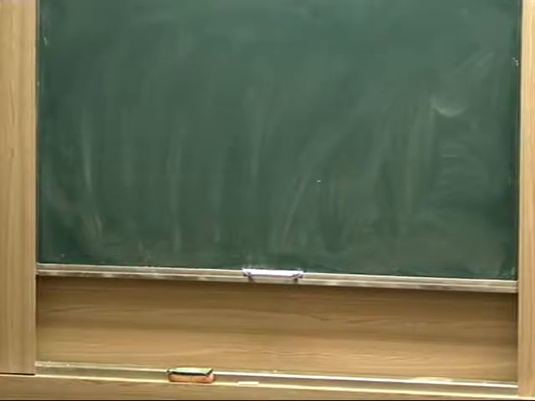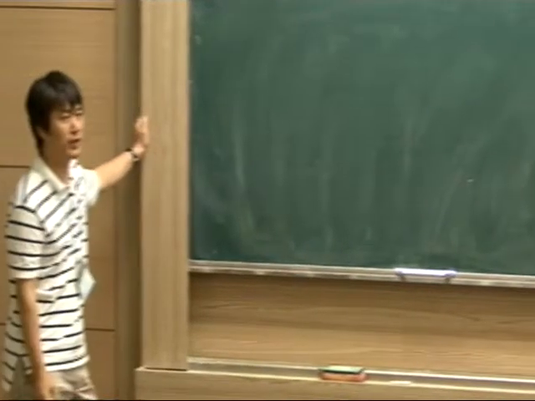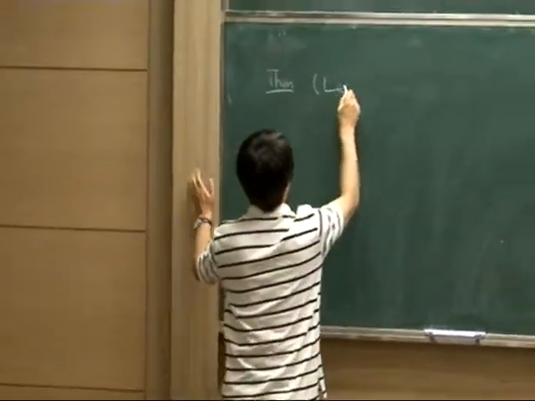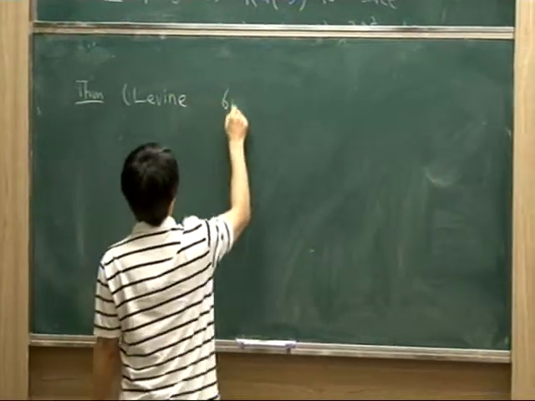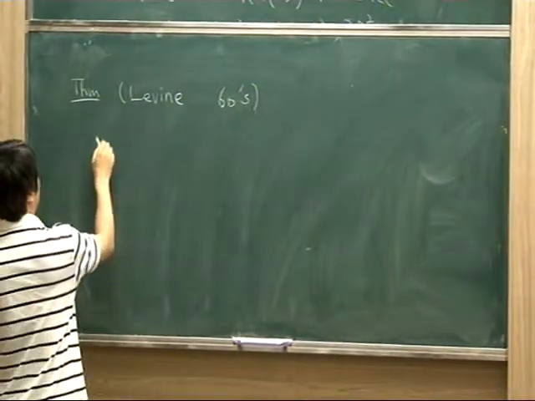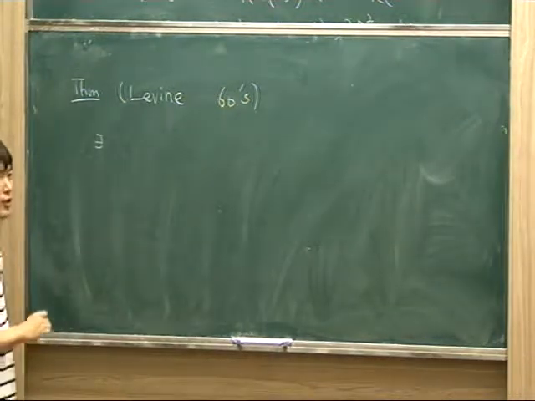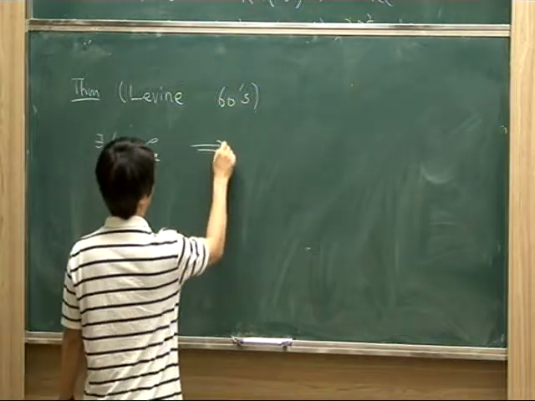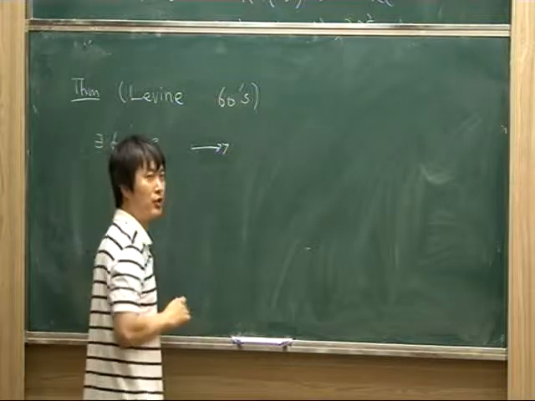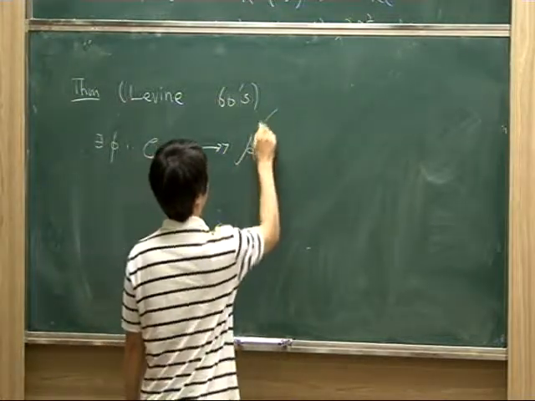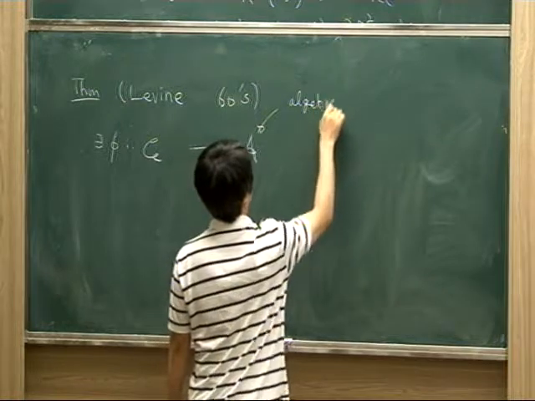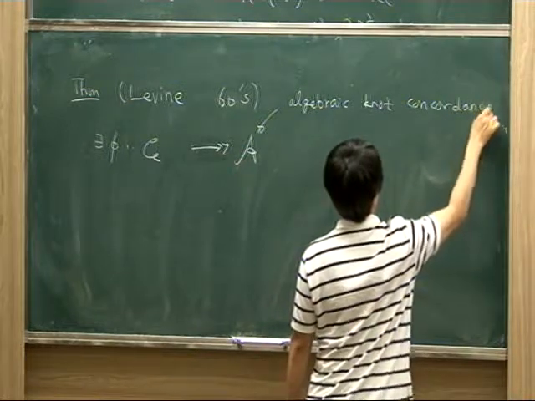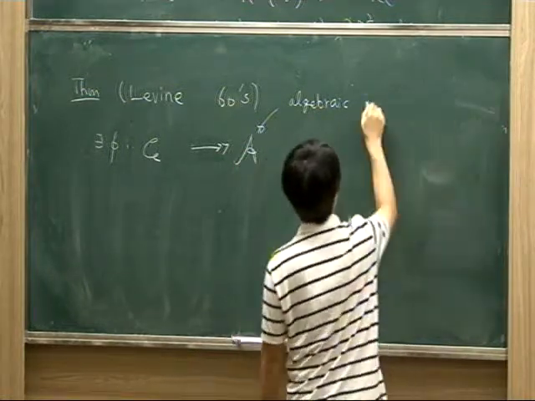The first result I'm going to talk about is the result of Levine, Jerry Levine, in the 60s. He constructed a surjective homomorphism from the knot concordance group to a certain abelian group, which is called the algebraic concordance group.